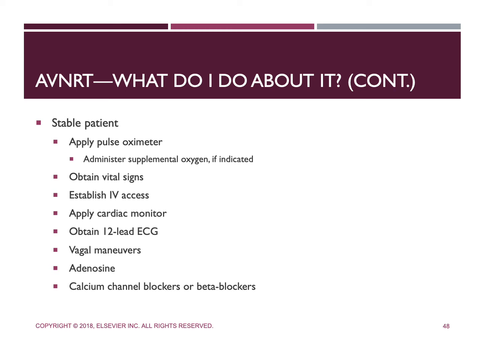So if they do not slow that heart rate or cause conversion of the tachycardia to sinus rhythm, then what we would like to do is give the first antiarrhythmic medication, adenosine.